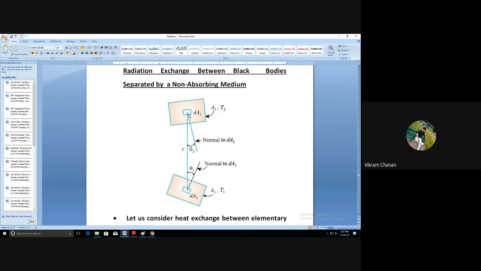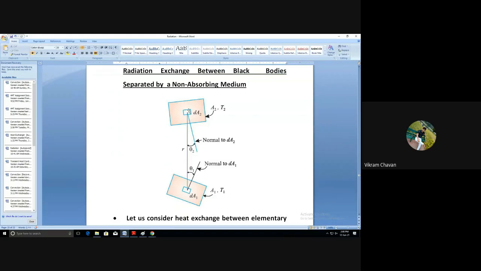Then the center points of these two elementary areas dA1 and dA2 are connected by a straight line, and the distance between these two center points is r.